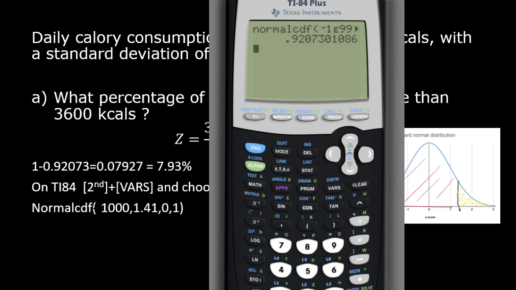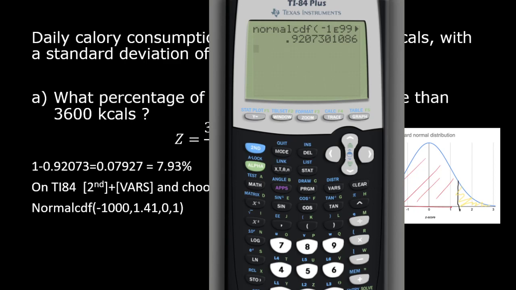Okay, so some negative big number, and negative 1000 is good enough. It's as good as negative infinity, at least for this normal CDF. So just put -1000 and 1.41 for the next number, and mean value 0 and 1 is the standard deviation. So if you do this for an older OS, then you will get the same answer as what I see here.